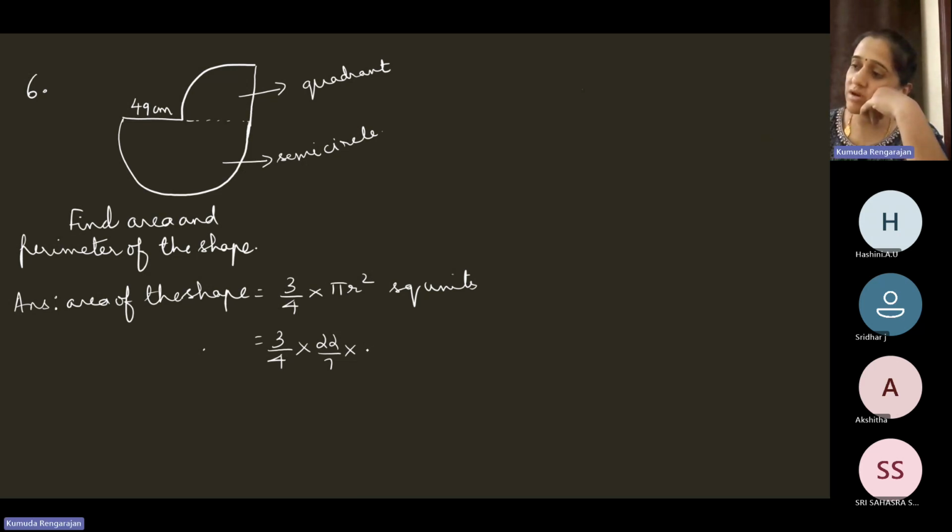49 is diameter or radius? 49. One six, 1/5 by 2. So 1615 by 2 you're getting. 1617. 17 by 2.